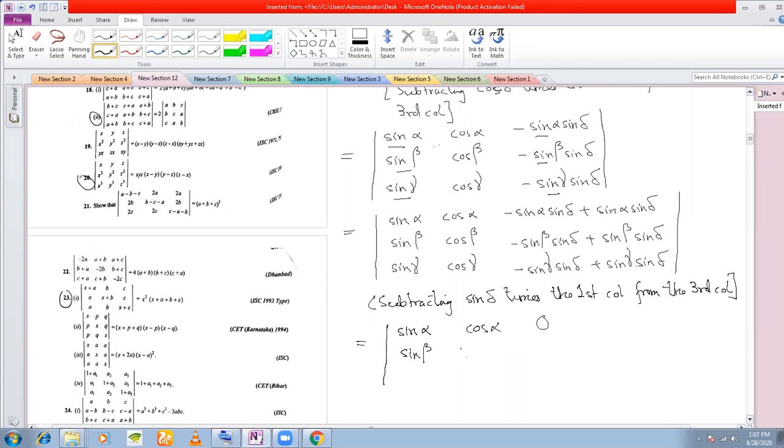Sin beta, cos beta, a 0. Sin gamma, cos gamma, and here you have a 0. So therefore, this is equal to 0, which is proof.